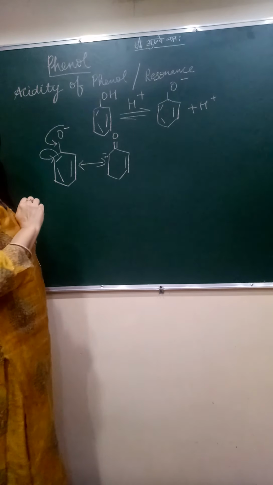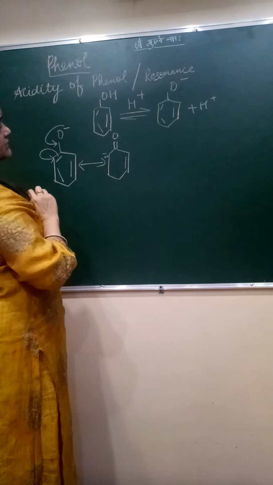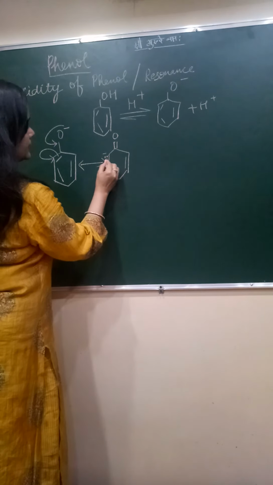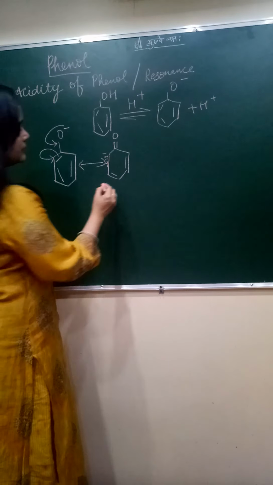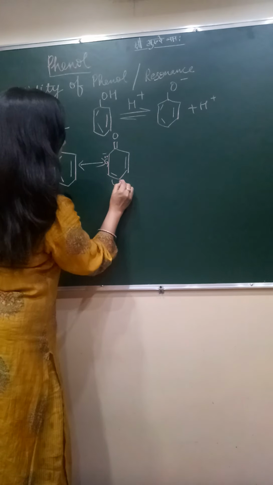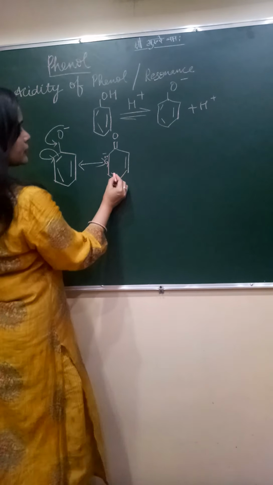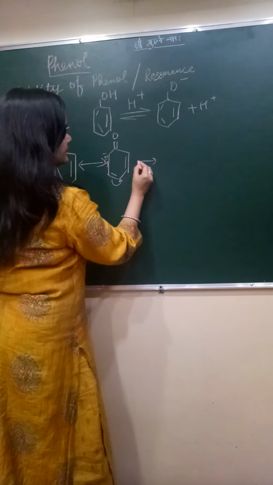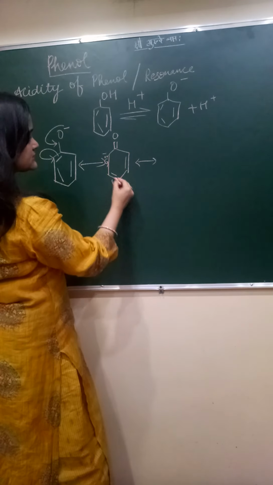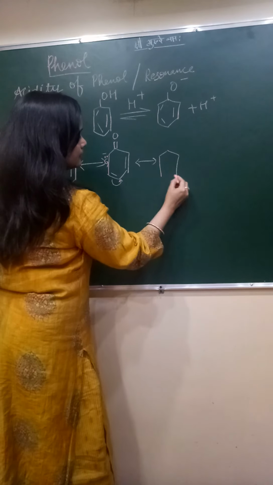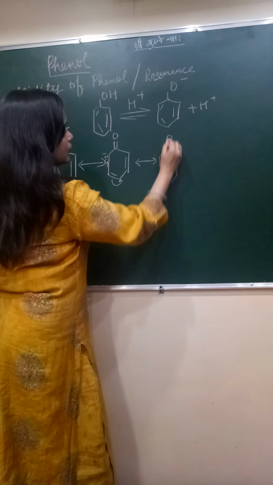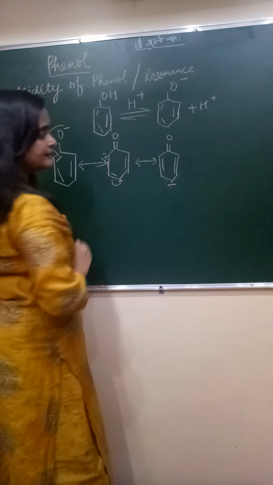Here a double bond to O comes. This is the carbon which has a lone pair of electrons. Now when this lone pair of electrons comes here, this bond comes to this carbon, which means this pair of electrons comes to this carbon to again satisfy the valency. Now the negative charge is spreading throughout the ring. Here is the double bond to O, and this negative charge is here.